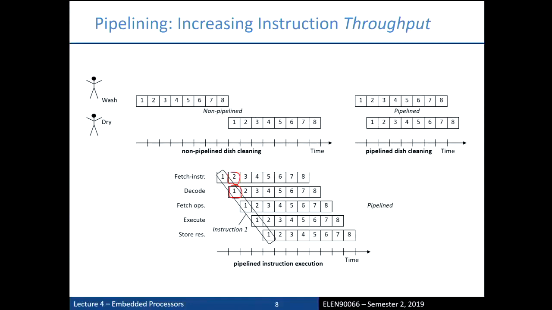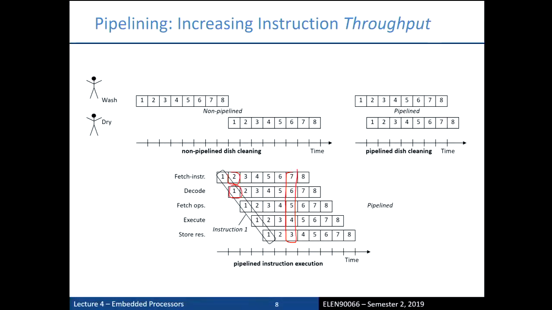And we move along over time, and we can stack up the pipeline so that at any one slice in time, maybe this slice here, we're doing multiple things at once. We are storing 3, we're executing 4, we're still getting the operands for 5, and we're decoding 6, and we are fetching 7. So we've filled up the pipeline.